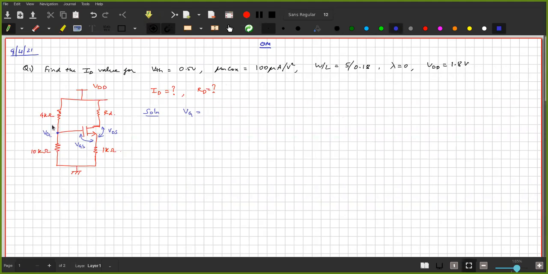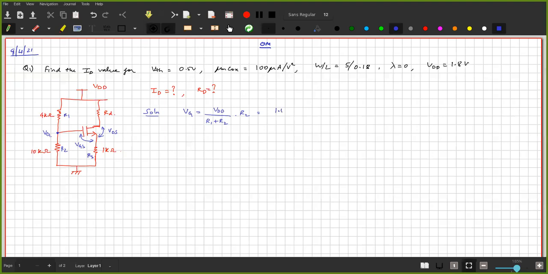So VG is nothing but the voltage of this voltage divider bias formed by this 4 and 10K. So VG is VDD times R2 by R1 plus R2. This is R1, this is R2, this is RS.